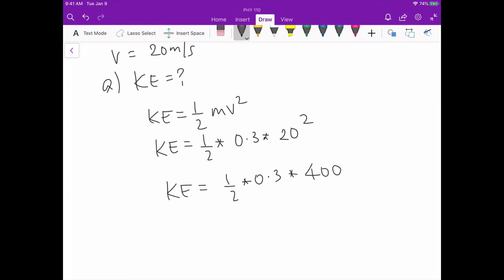Since everything is given in SI units, because the mass is in kilograms and the velocity is in meters per second, you keep everything the way it is. So the answer for this one is going to be 60 joules. Very good.